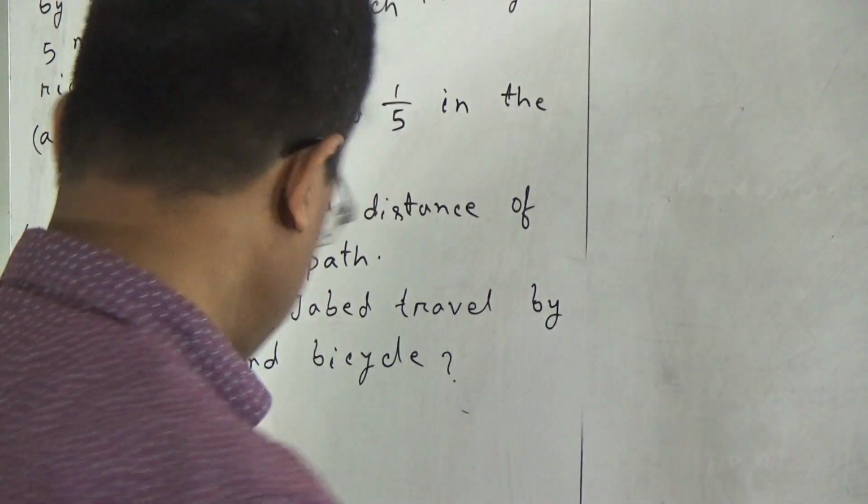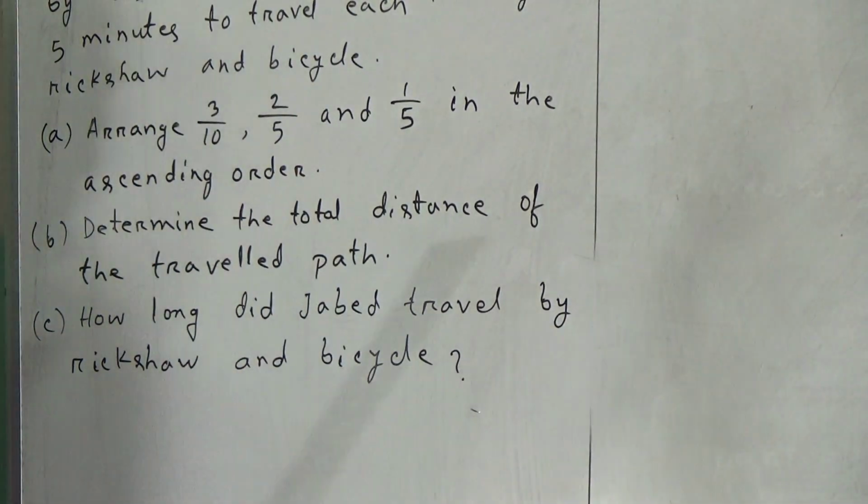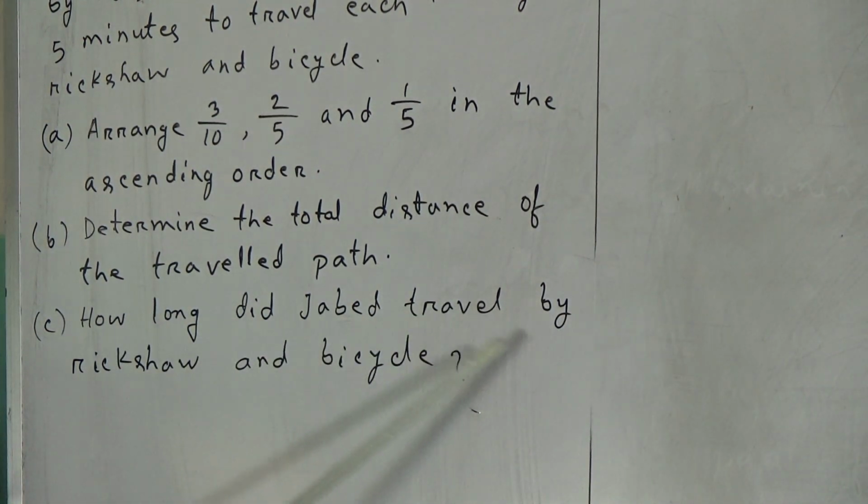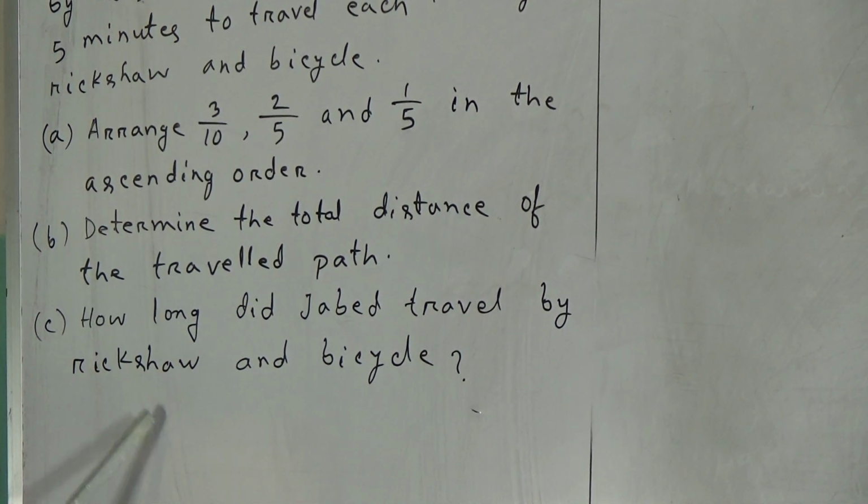Here the question is, how long did Javed travel by rickshaw and bicycle? How long means how much time did he take at the time of traveling with rickshaw and bicycle?